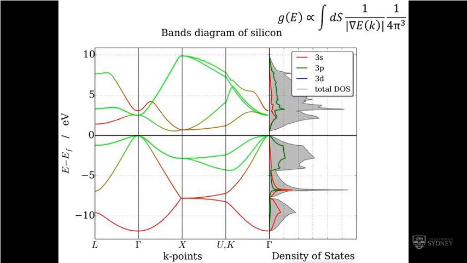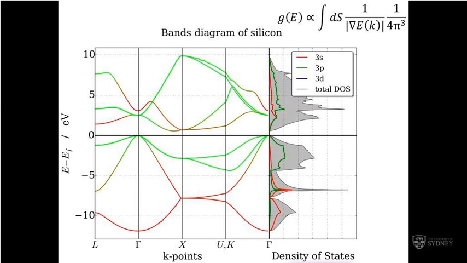We have to keep in mind that this band structure is only a plot along lines in particular directions. There will be lines in all directions in K-space, okay? So the green here corresponds to just the green bands. The red corresponds to just the red bands, and the red bands are identified with the S orbitals.